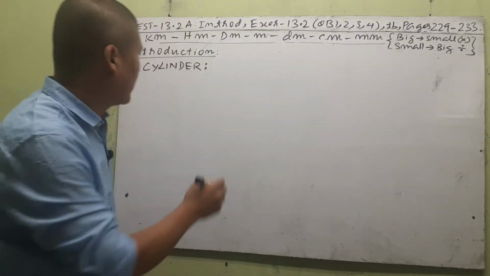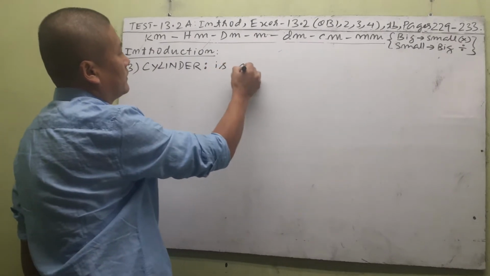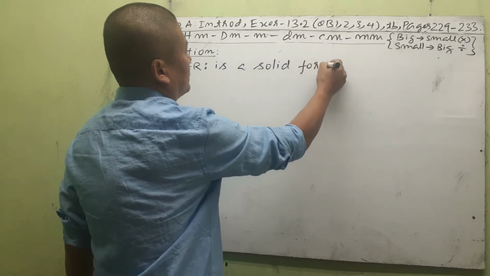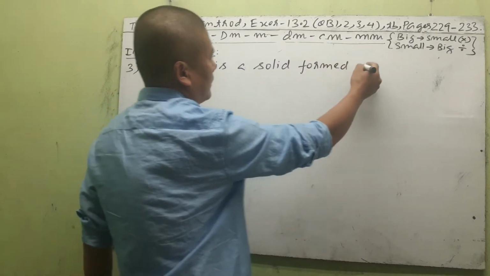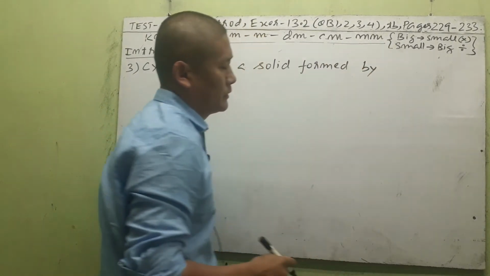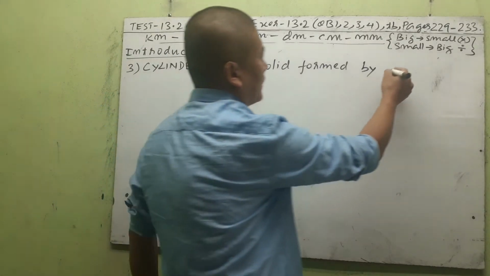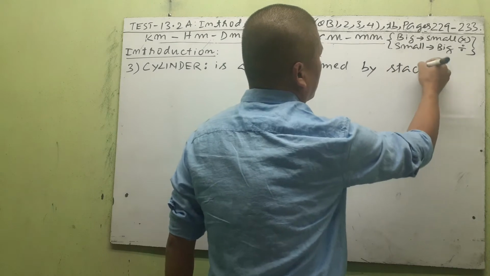A solid formed by stacking circular sheets, according to your textbook.